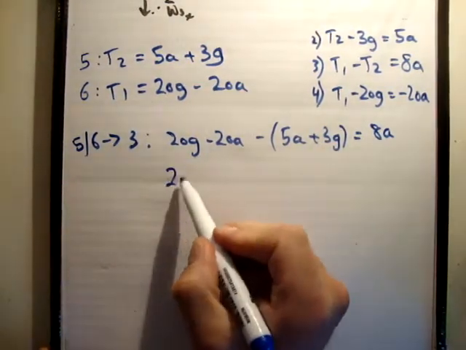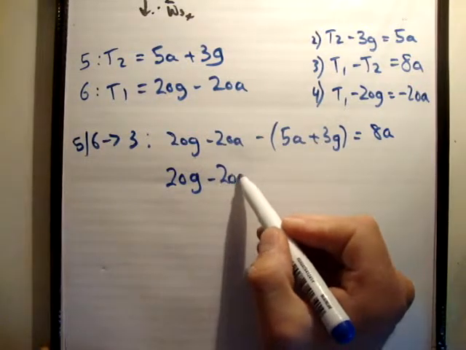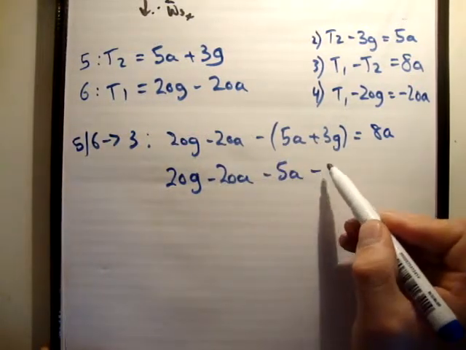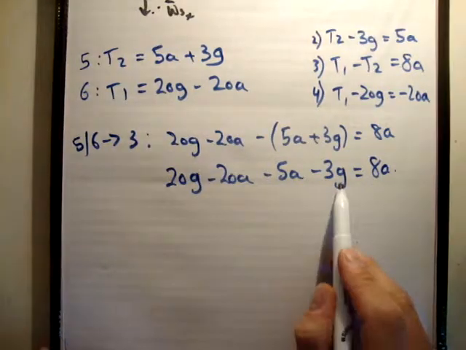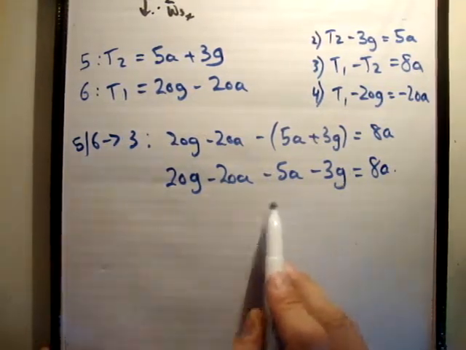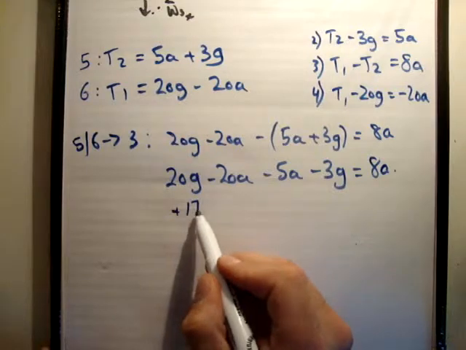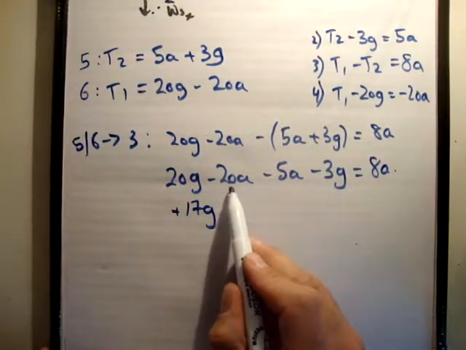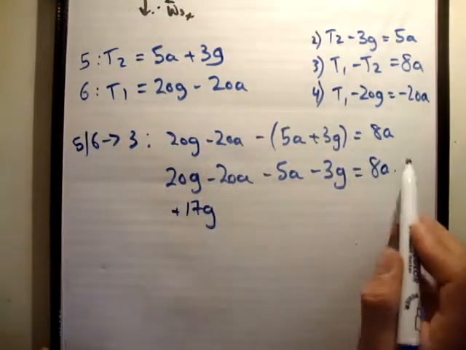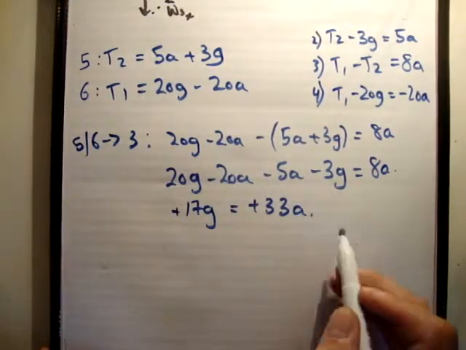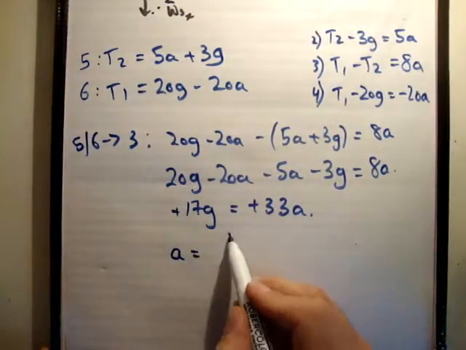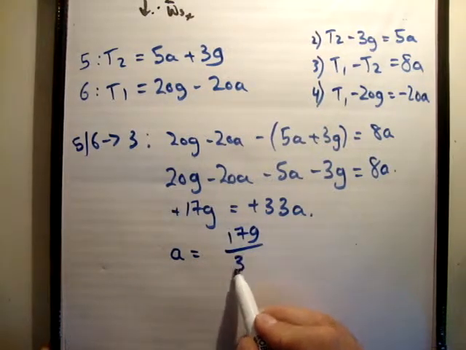Therefore 20g minus 20a minus 5a minus 3g is equal to 8a. That becomes 17g, and this is negative 25a. Bringing it to the other side, we get 17g equals positive 33a. Therefore a is equal to 17g over 33.